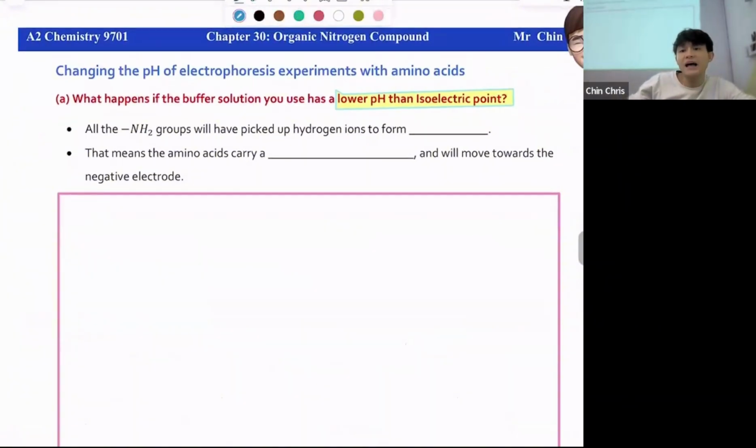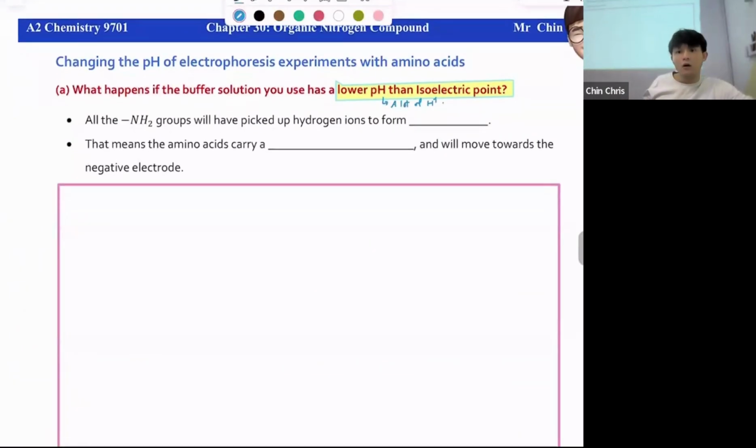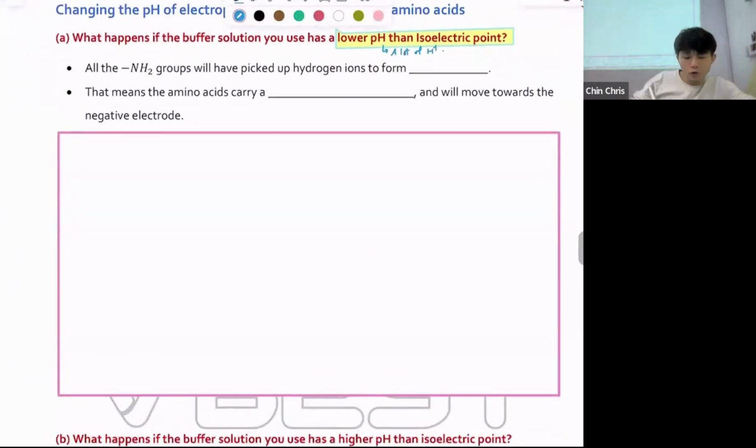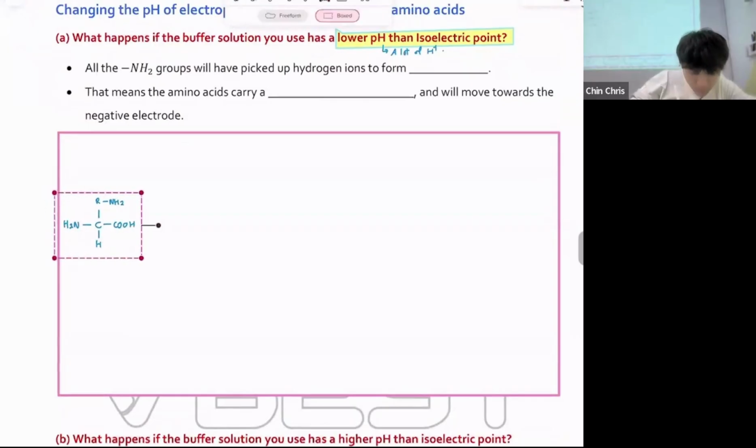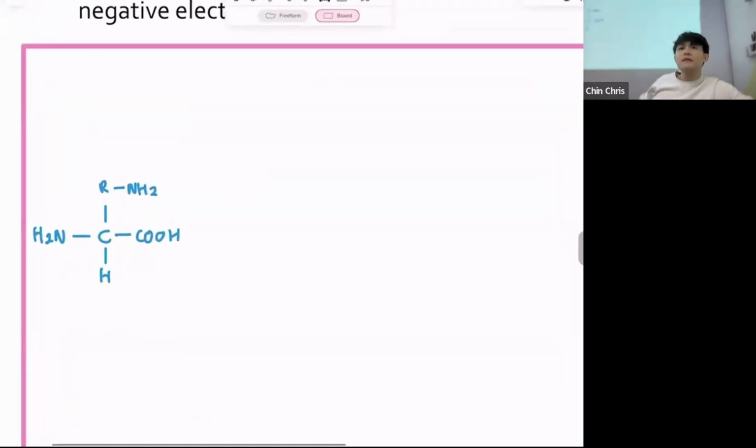Low pH means under acidic condition, means you have a lot of H plus. So right now this has a lot of H plus in it. I'm gonna give you one amino acid that looks something like that. Okay, please draw it up.